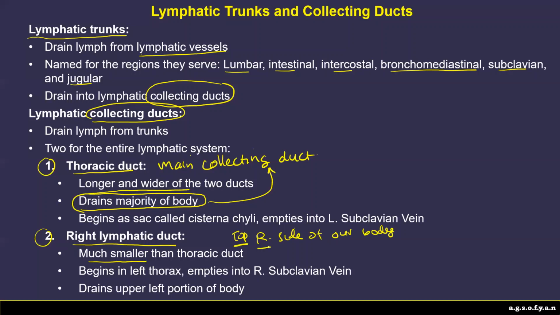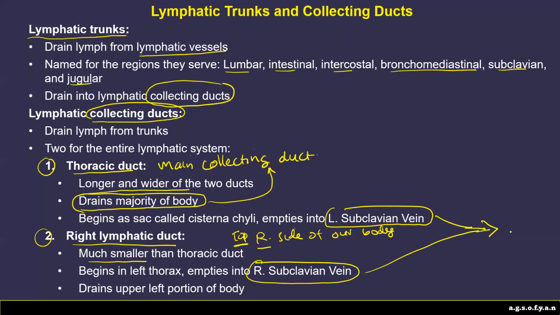It's a very small lymphatic duct, and it will drain into the right subclavian vein. The thoracic duct will drain into the left subclavian vein, and then finally these two veins will drain the fluid into the vena cava.